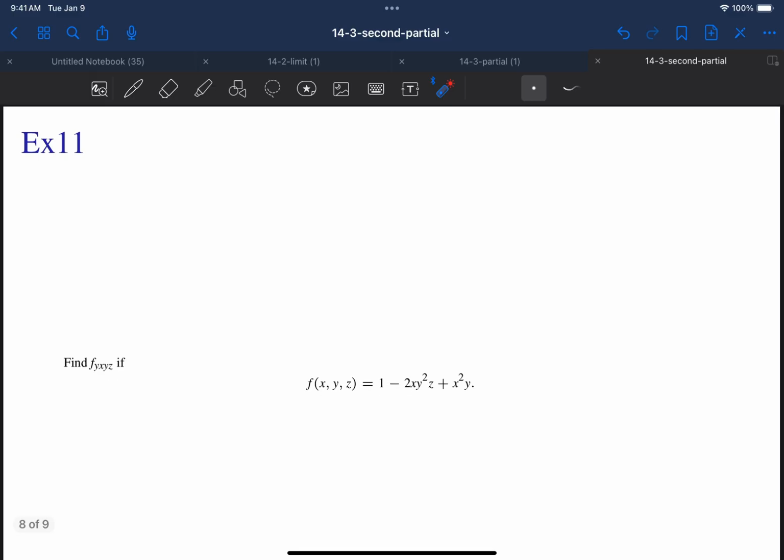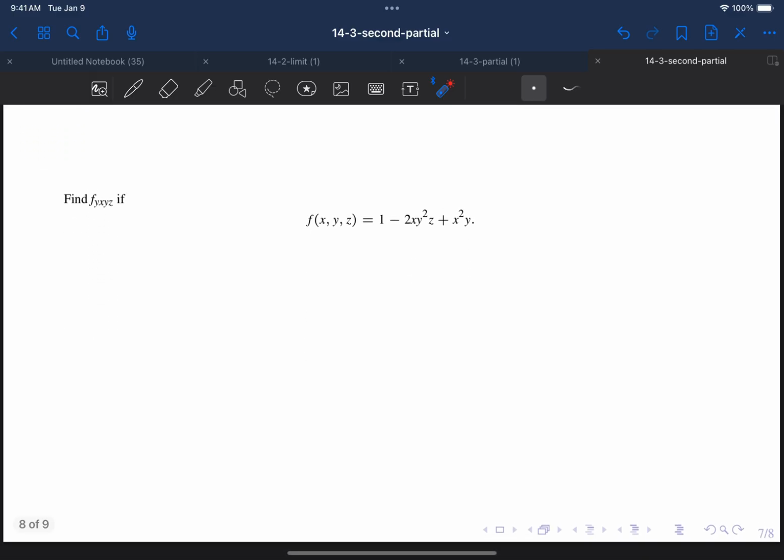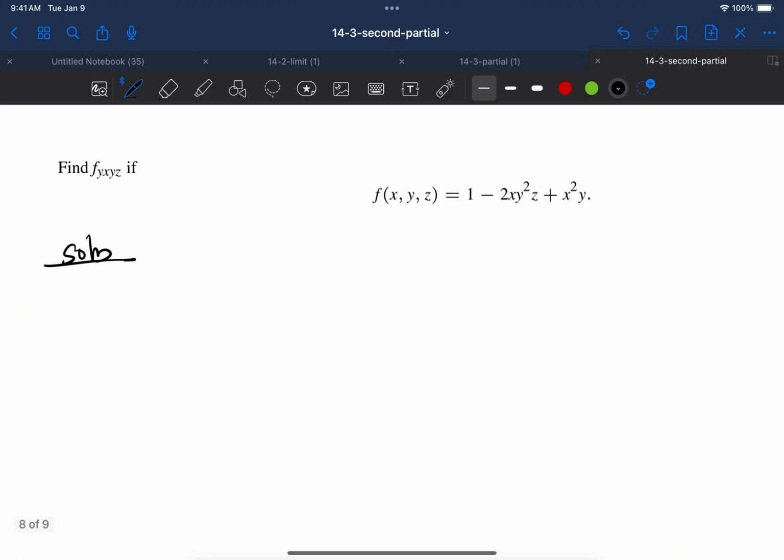So here's one example for fourth order derivatives. Computing this in general for an arbitrary function is really time consuming, but for this problem it is supposed to be easier. It's up to you which order you want to follow, but if we look at the subscript, it tells you take the partial z, then partial y, then partial x, partial y.